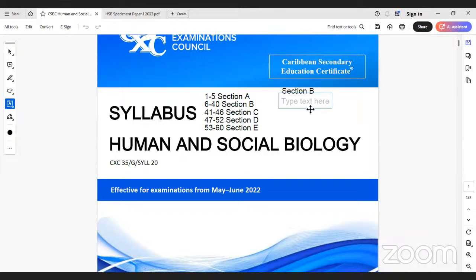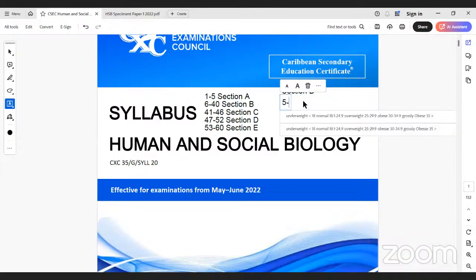It will be about 5 to about 14 on nutrition. For those first questions in section B, they are focusing on nutrition. You don't expect any question on excretion in that specific 5 to 14 area.